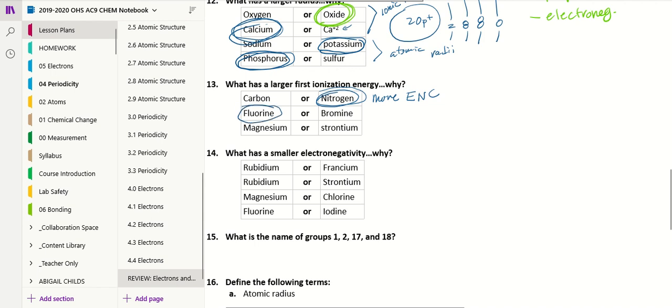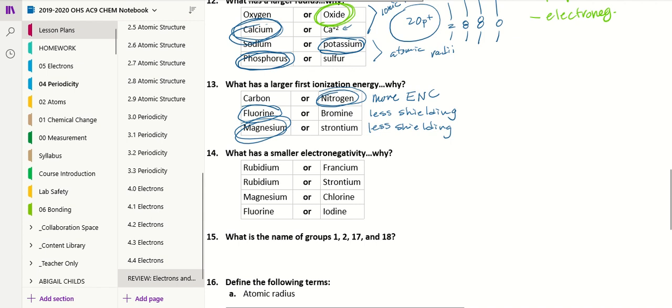Fluorine, because fluorine has less shielding. Magnesium and strontium. Same group. So, which one has less shielding? Magnesium has less shielding.